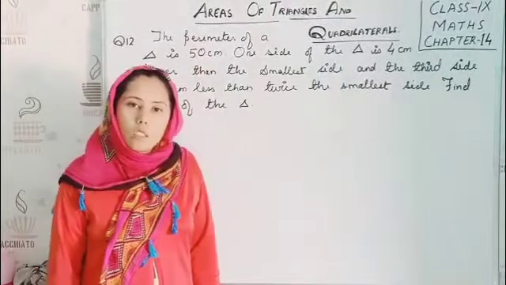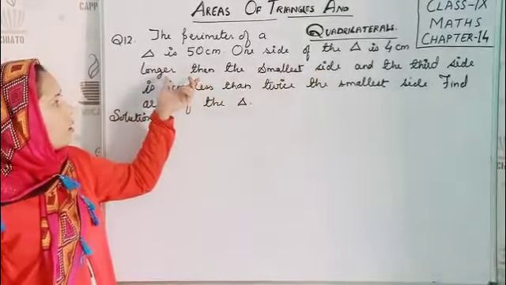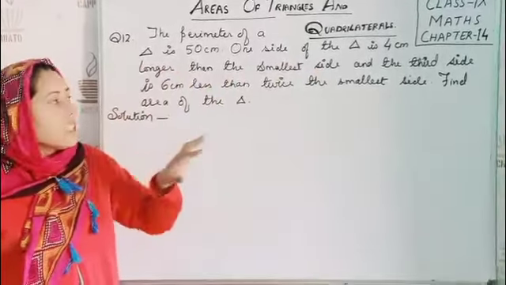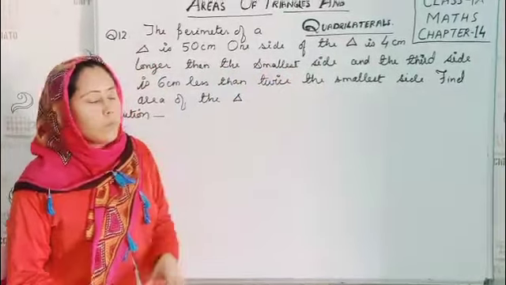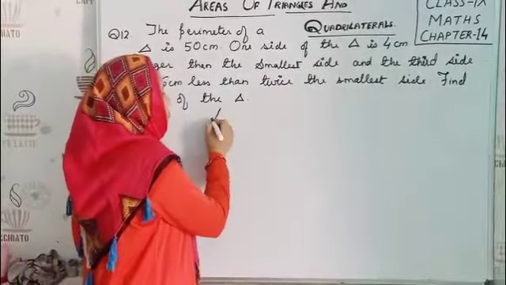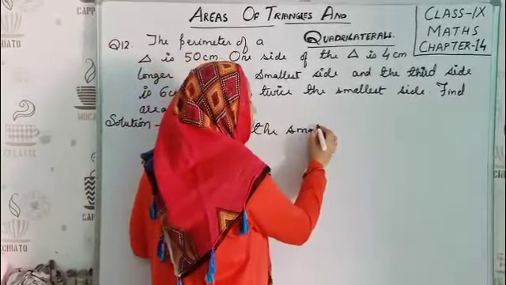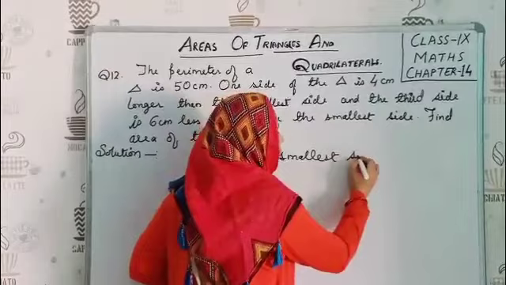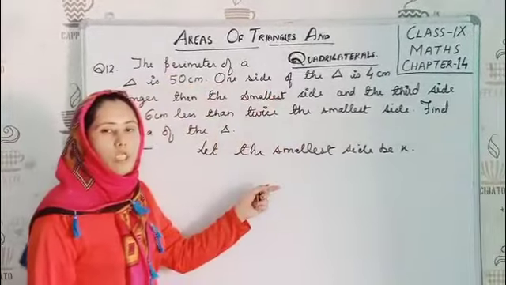Perimeter of a triangle is given, and they said that one side is 4 centimeter longer than the smallest side. So first of all, you will let the smallest side be x.